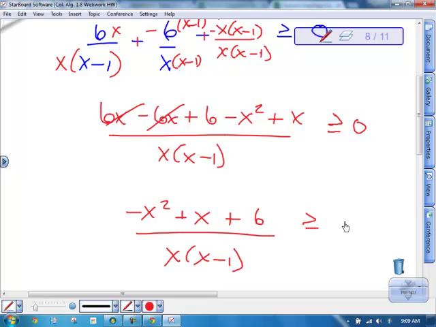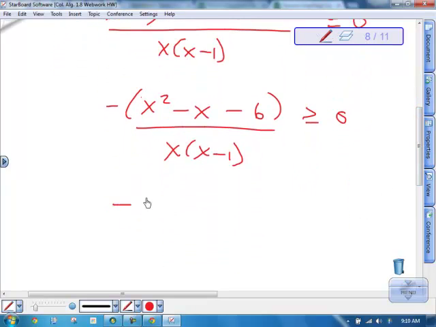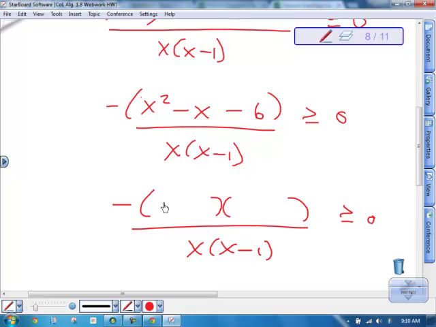Want to know when that's greater than or equal to 0. Now, whenever I have a negative sign in front of x squared, I always factor that out. So I make it negative and I put this in parentheses, which would make this negative and this negative. I think it's easier to factor that way. And then it factors into two linear factors. It factors into x, and then we need minus 3 and plus 2.